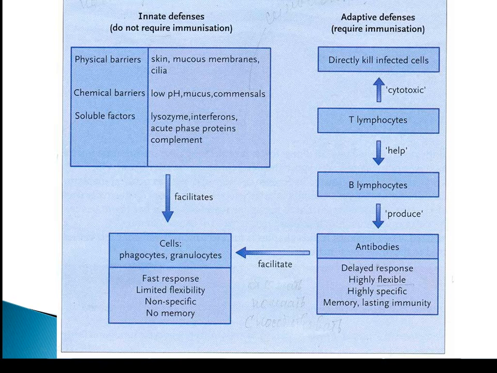They defend the body against gram-negative bacteria. They also serve as chemoattractants for the T lymphocytes. We have also a lot of cytokines and interleukins produced from the lymphocytes. We have chemokines, which serve as chemoattractants.